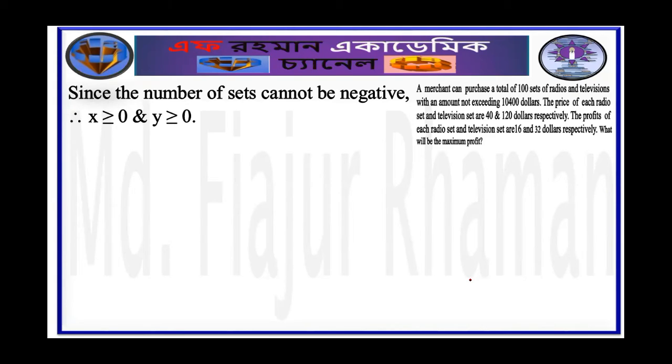Dear learners, it is important to remember that if the merchant is compelled to purchase at least 5 sets of radios and 10 sets of televisions, then this step will change, because in that case x will be greater than or equal to 5 and y will be greater than or equal to 10.